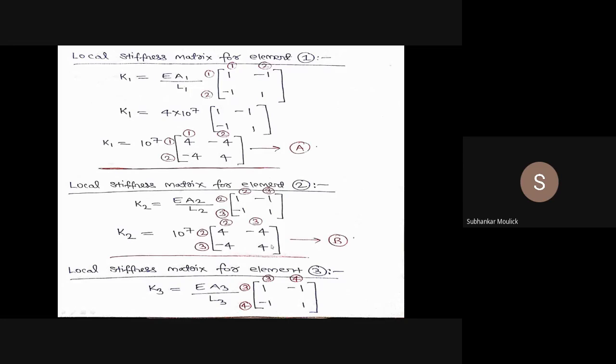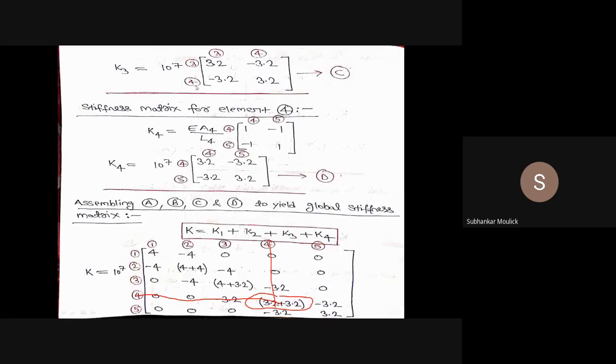Equation B, not present. Equation C, present, value is 3.2. Equation D is present, value is 3.2. So the fourth row and fourth column becomes 3.2 plus 3.2, that is 6.4. And so on.